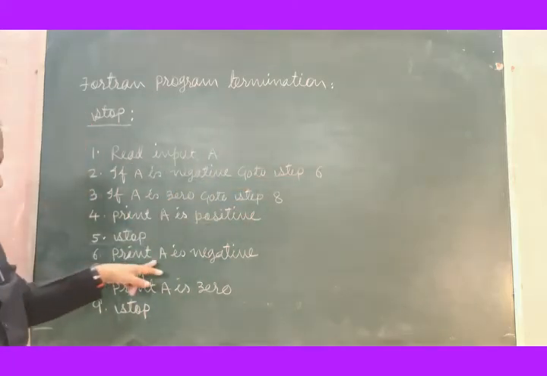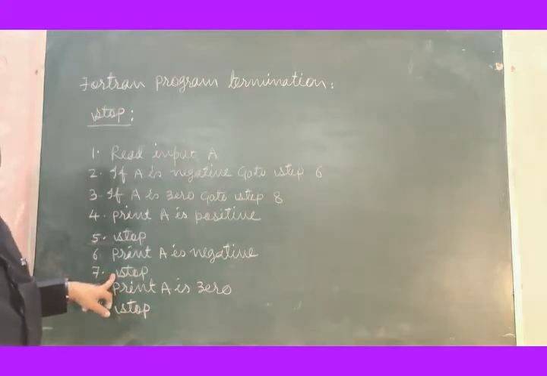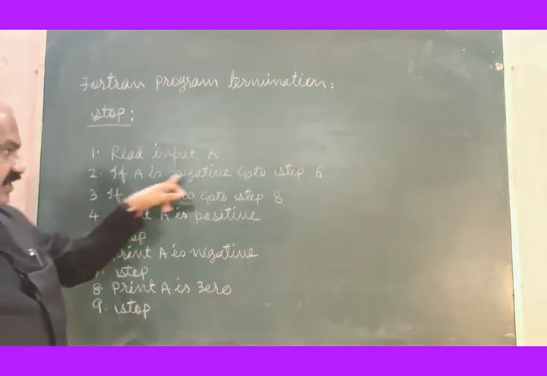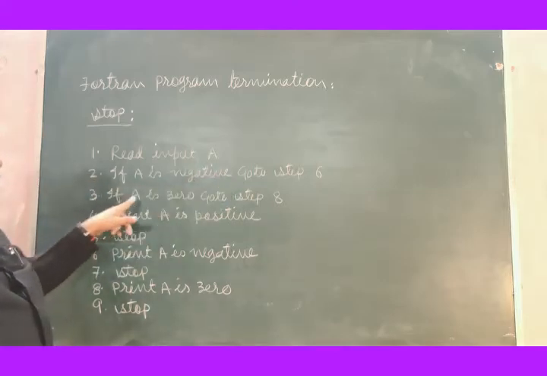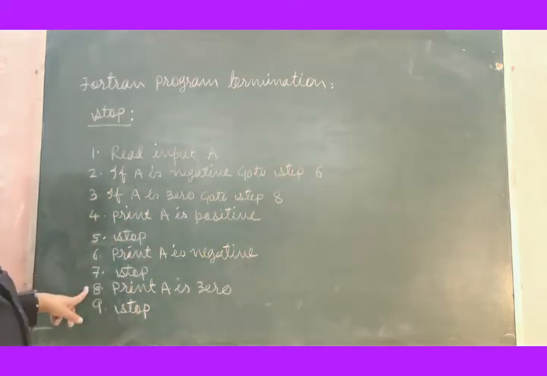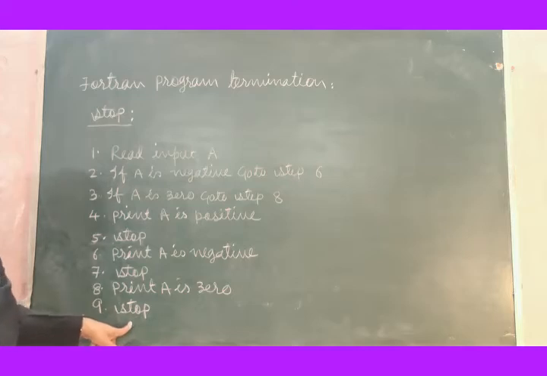Step 6, print A is negative. Stop program execution. No need to execute the program further. If this is not true, if A is 0, go to step 8. Print A is 0. Stop the execution. No need to execute the program further.